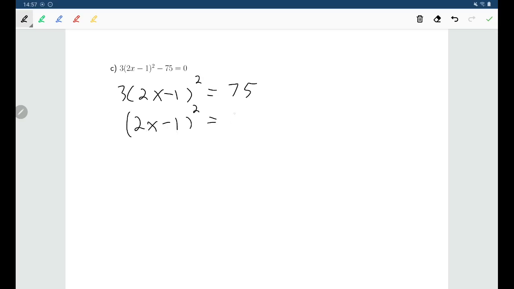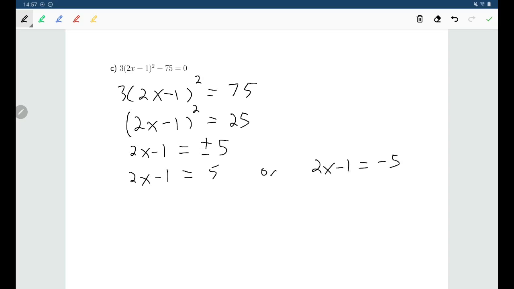And so instead of 3 times 2x minus 1 squared equals 75, I'll have 2x minus 1 squared equals 25. And so 2x minus 1 needs to be equal to plus or minus the square root of 25, which is just a nice whole number 5. So that means there are two little equations that come out of this. Either 2x minus 1 is equal to positive 5, or 2x minus 1 is equal to negative 5.